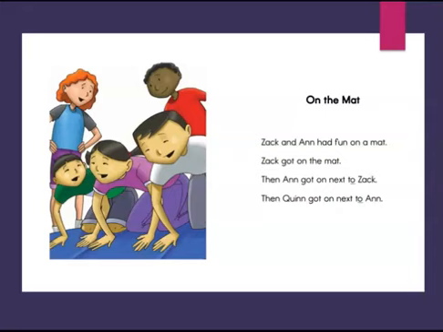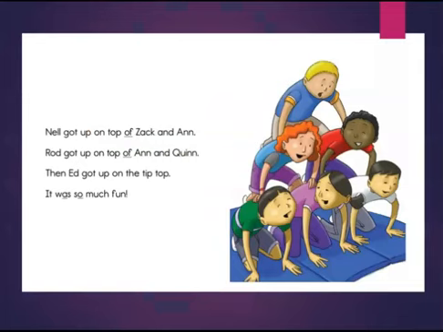Then Quinn got on next to Anne. Nell got on top of Zach and Anne. Rod got up on top of Anne and Quinn. Then Ed got up on the tip top. It was so much fun.